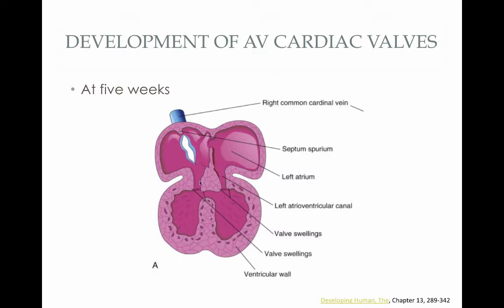So here we go. We have this at 5 weeks. We can see this is the area that we're looking at, the right side and the left side. Here's the left atrioventricular canal. Here's the right atrioventricular canal.